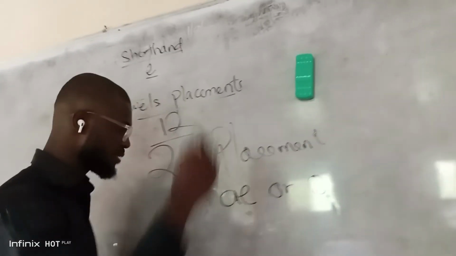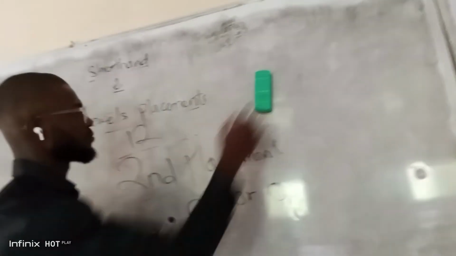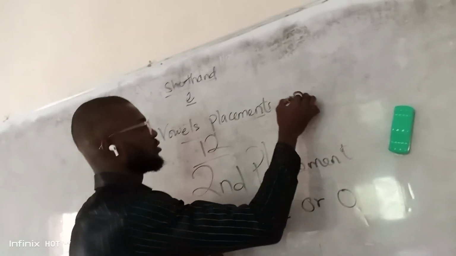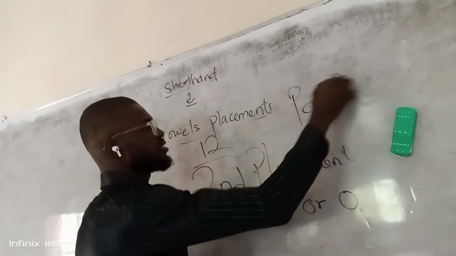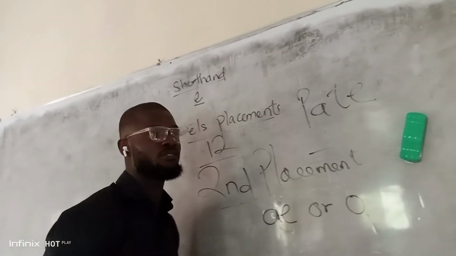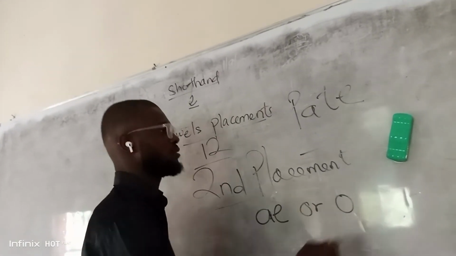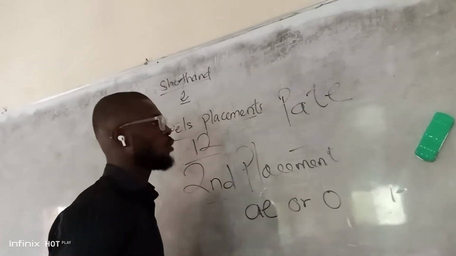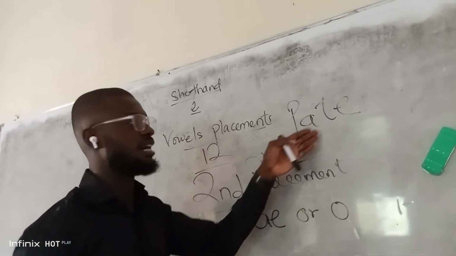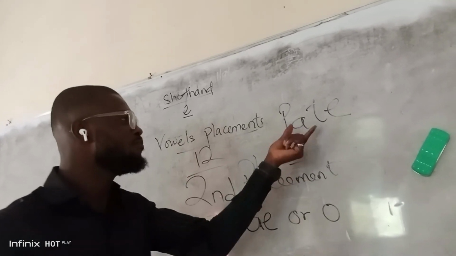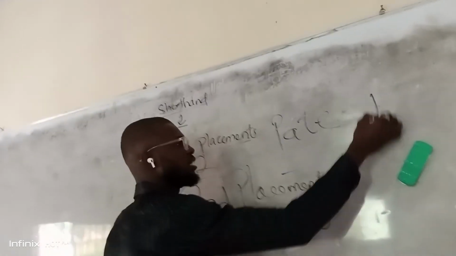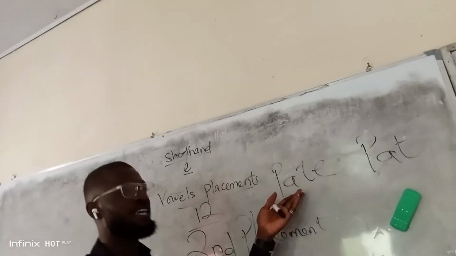For example, let's make that example again. Example of this. Please, if you have your writing material, you can write with me, please. What are they? A and T. Now, what is the difference between this, your part, and your pit?